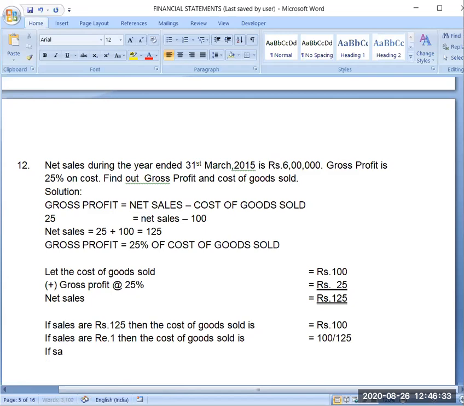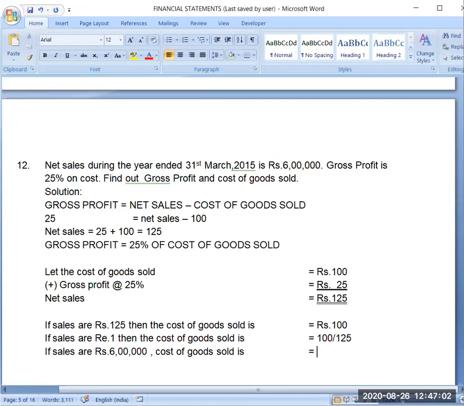If sales are rupees 6 lakh, cost of goods sold is.